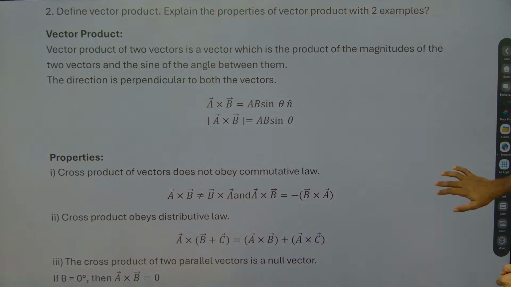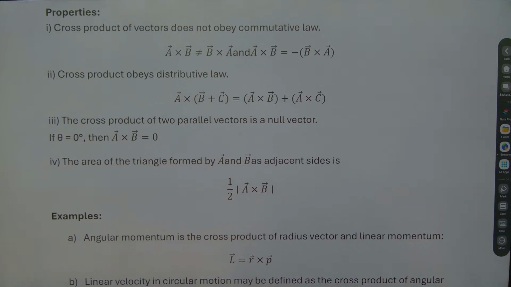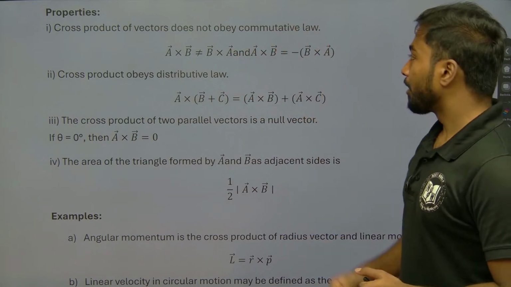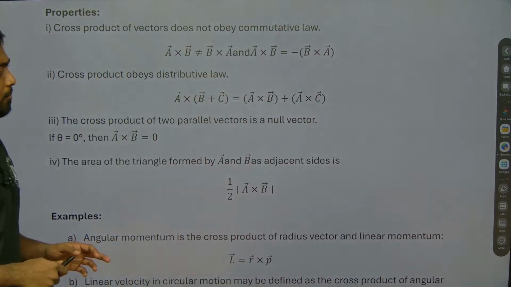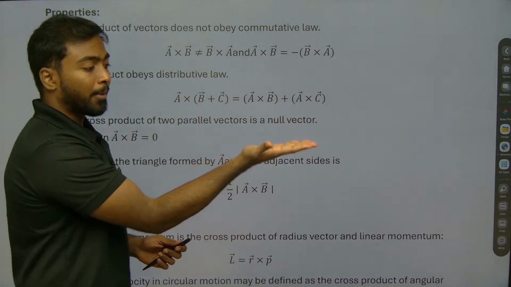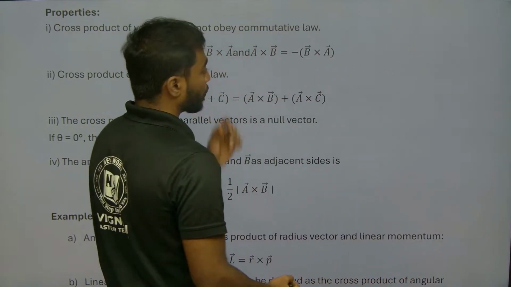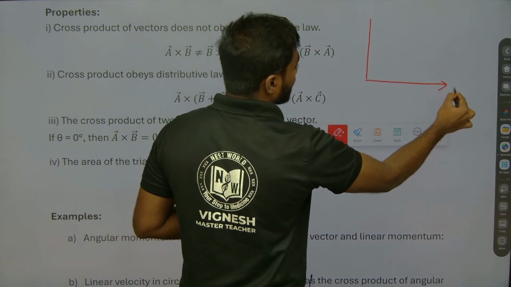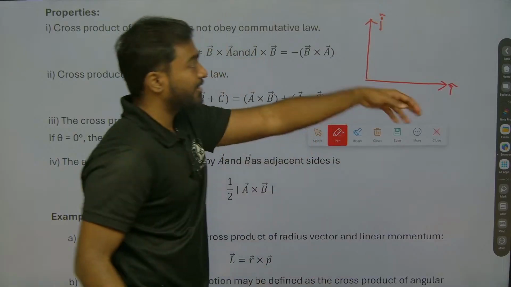And when we talk about the properties of the vector product, it doesn't obey the commutative law, because A cross B is not equal to B cross A. Why? Let me take the diagram over here. So this is my axis, this i cap and this j cap, x axis and y axis.